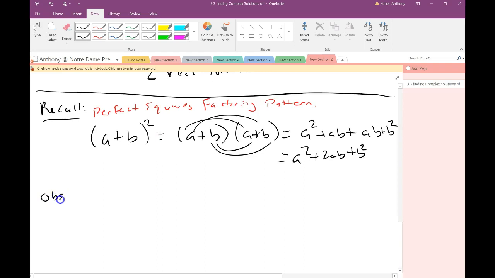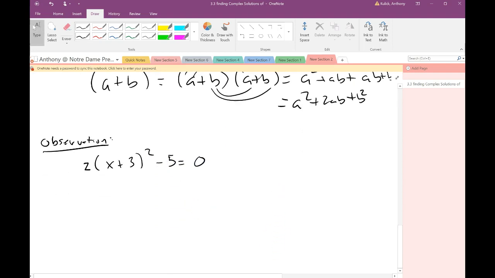So our observation here is going to be that I can take something like this and solve this using our method from 3.2. So I can add 5 to both sides.